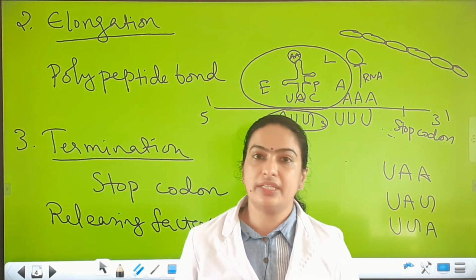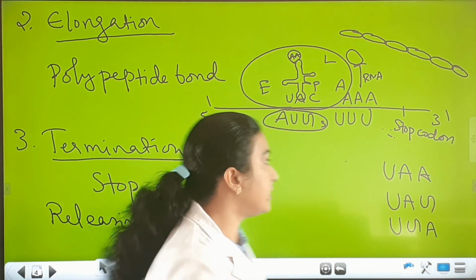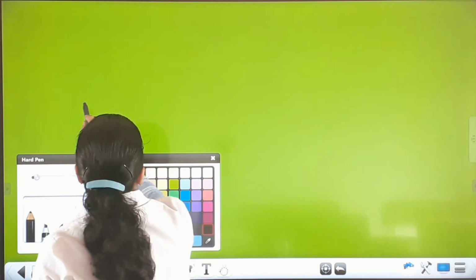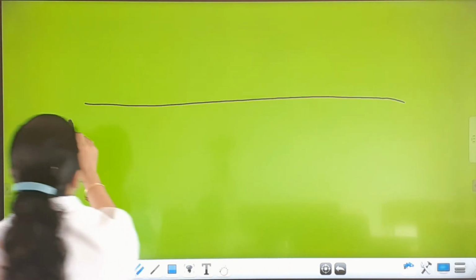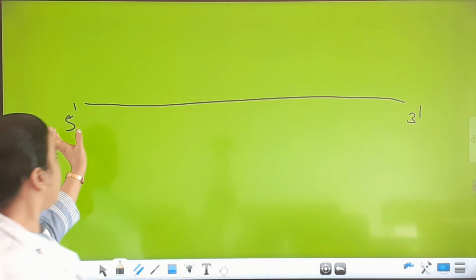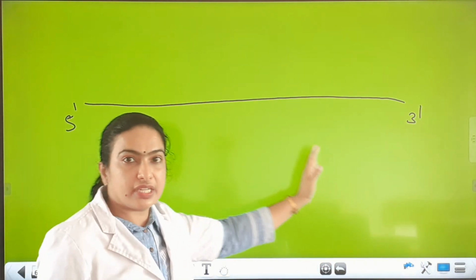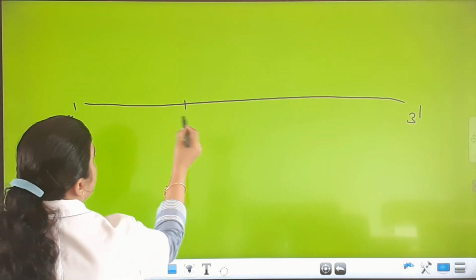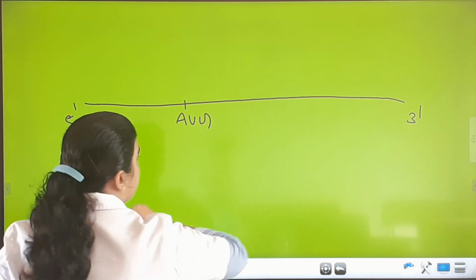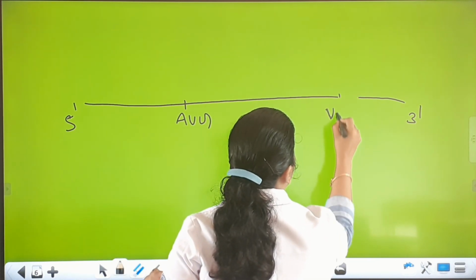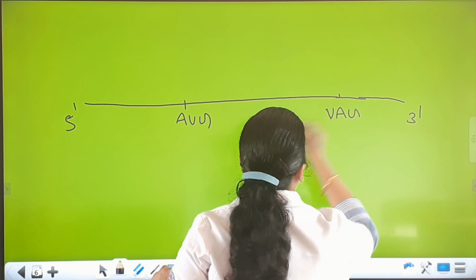So this is actually the translation process. One more point I want to tell you. As I told you, the mRNA acts as a template and the translation starts from the 5' to 3' direction, and here the mRNA consists of AUG, a start codon, and a stop codon, UAG or UGA or UAA.